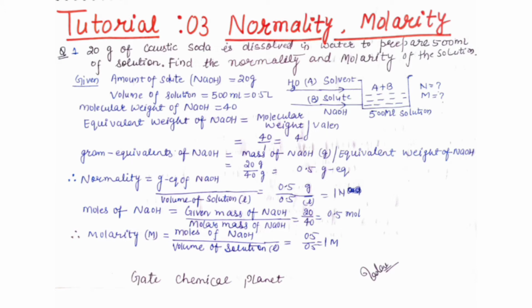It is tutorial 3. Question number 1: 20 grams of caustic soda is dissolved in water to prepare 500 ml of solution. Find the normality and molarity of the solution. Here the solvent is water and the solute is NaOH, caustic soda.